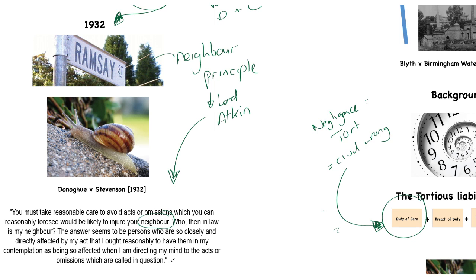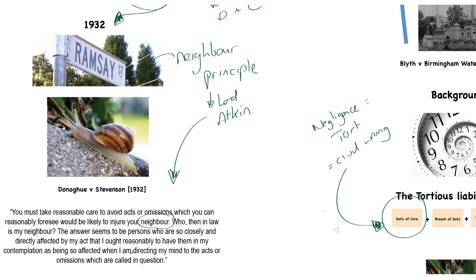But in short, what Atkin means by this is that if I'm out driving my car on the roads in, let's say, London, the things that I do in that car, or the things I don't do in that car, stop at red lights and so on and so forth, I need to consider in relation to the people that are on the road in London, close to me, around me.